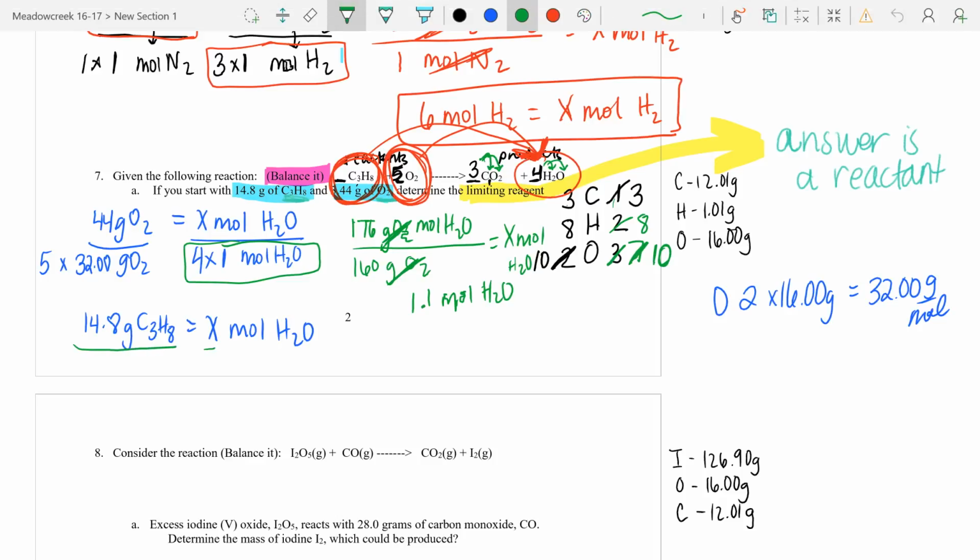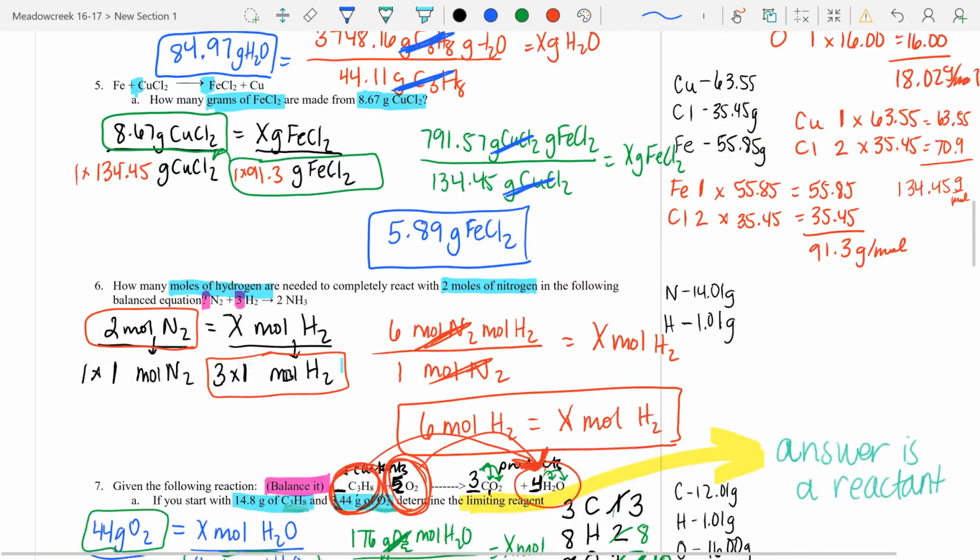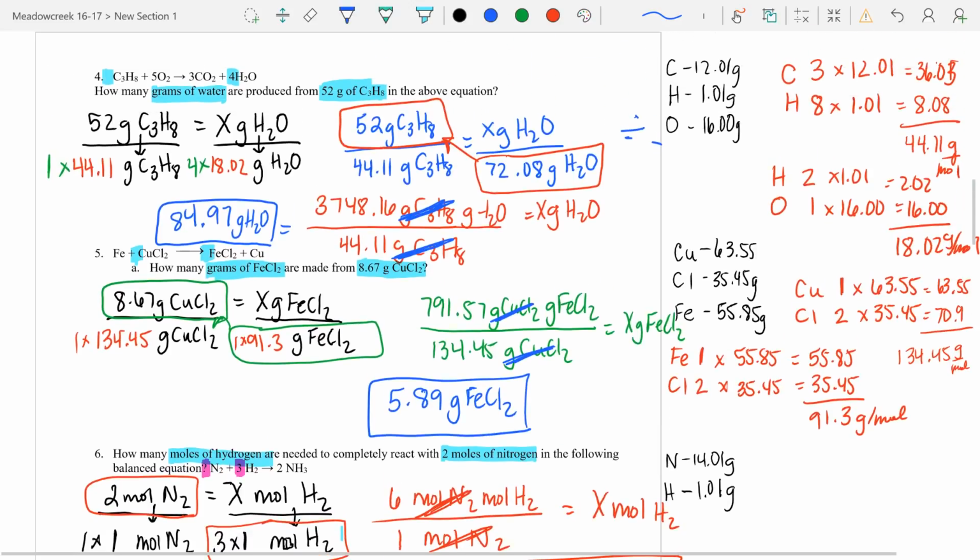We create a fraction. We bring it on down. We got grams of C3H8 and moles of H2O. Moles always has a 1 written beside it. If I'm not mistaken, we already calculated the molar mass of C3H8 in another problem. So let's see if we can find that here.